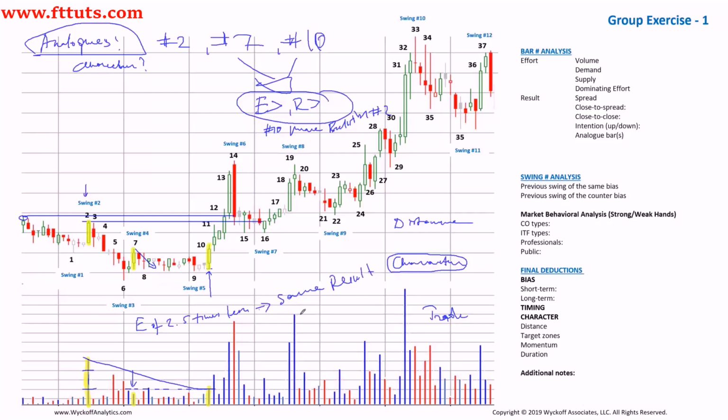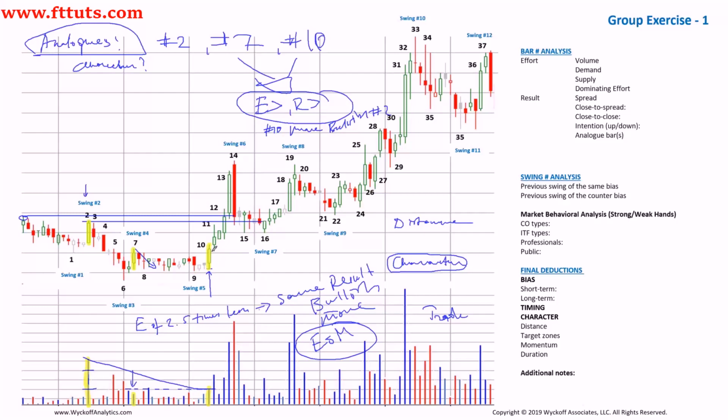Bullish or bearish? Bullish. And it seems like it's going to be even more bullish than bar number 2. There is some kind of ease of movement that suggests that supply has been exhausted, and at number 2 it was not exhausted completely. At 7, supply is exhausted, but demand is still not there, like a good emergent demand.